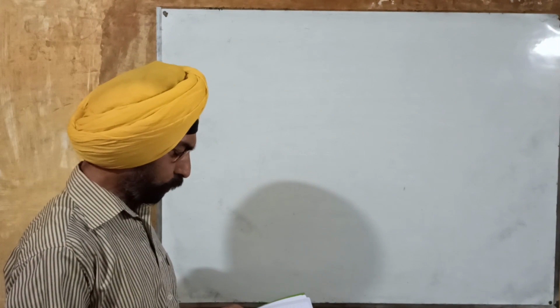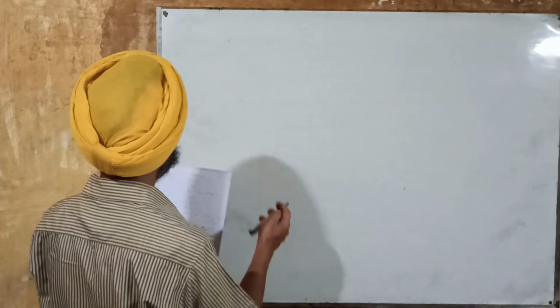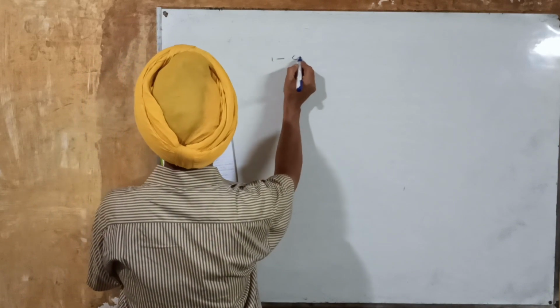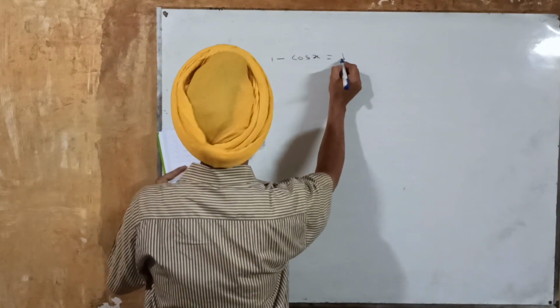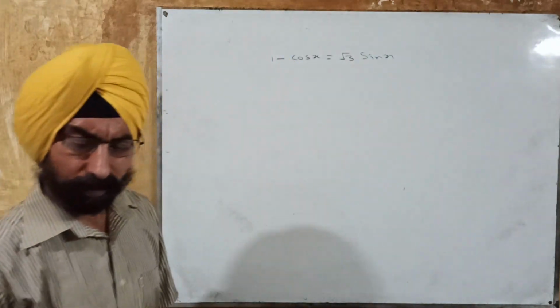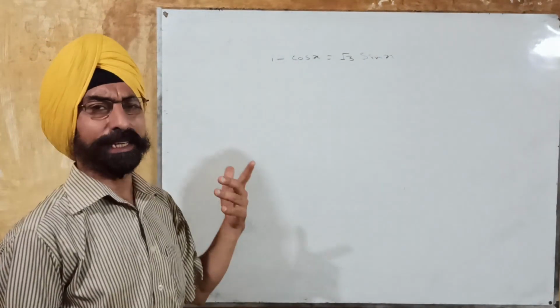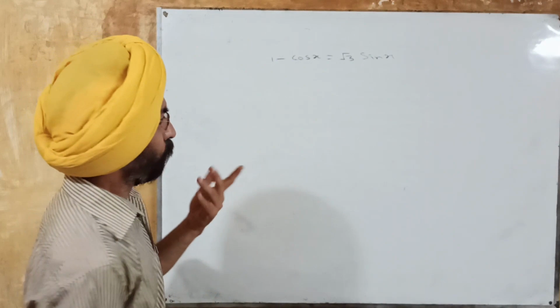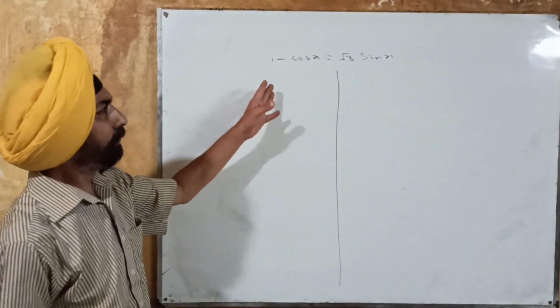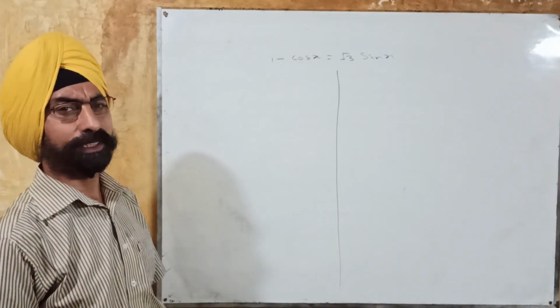Another question which I am going to take here is this: 1 minus cos x is equal to root 3 sin x. So this question may also be tackled in many ways. Two of the different ways I am going to solve it. First one is square both sides.